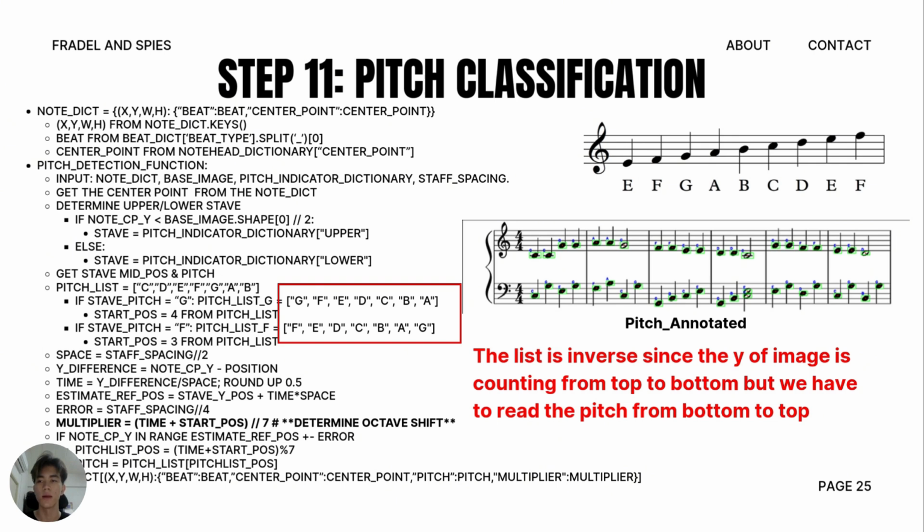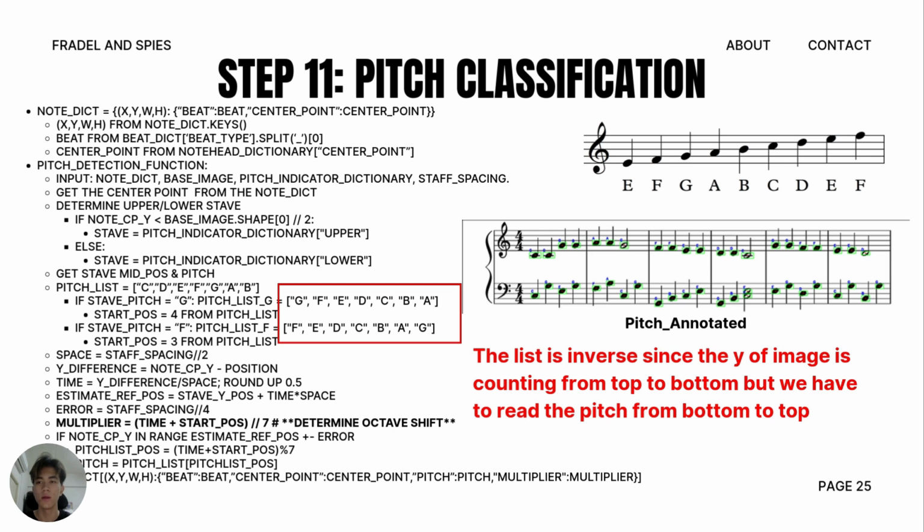10. Now we will set a new reference position by using reference position plus time multiplied by space. 11. Calculate error equal to step spacing divided by 4. 12. We calculate a multiplier to indicate the note pitch with higher or lower octave. 13.